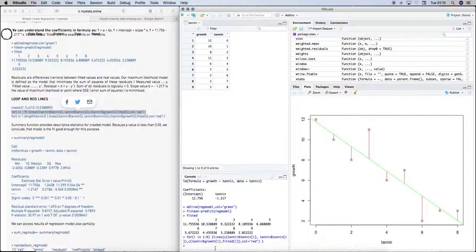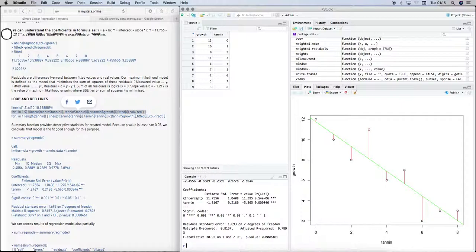More information about our regression model can be obtained by the function summary. So summary reg model. Here we can see again our intercept and our slope. We can see also the standard error, t statistics, and p value.